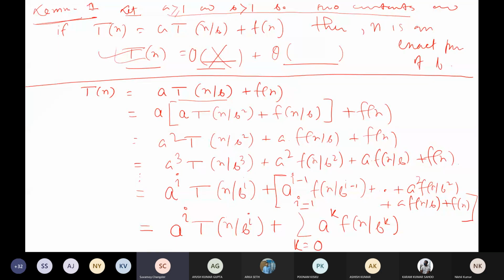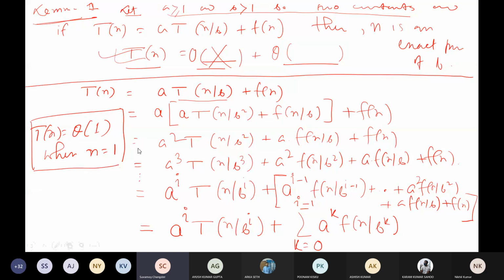That means T(n) equals theta of 1 when n equals 1. So the terminating condition is that when the number of elements is equal to 1 in any subarray, it will be terminated. So let us consider that the ith iteration is the terminating condition.